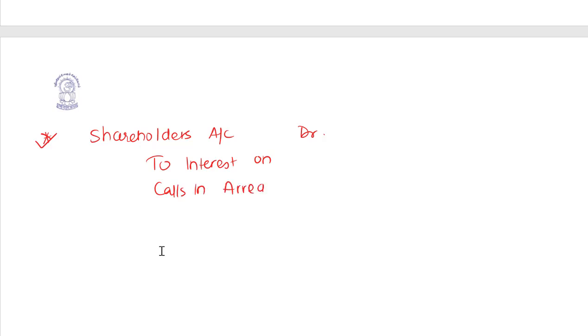Next is calls in arrears. Shareholders account debit to interest on calls in arrears: 2,500 multiplied by 10% multiplied by 2 by 12. For 2 months it is 41.6666, that is 41.67.